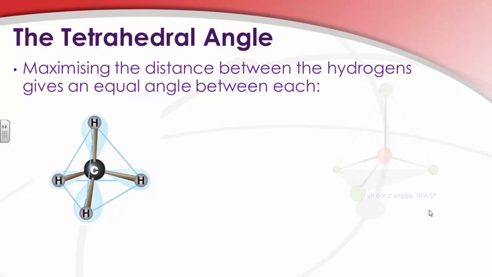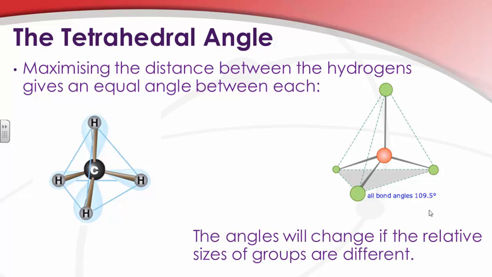And this maximizes the distance, in this case, between the hydrogens that are assorted around carbon. That tetrahedral angle is 109.5 degrees. And this is kind of a magical angle between different components that we can detect using techniques such as X-ray crystallography.